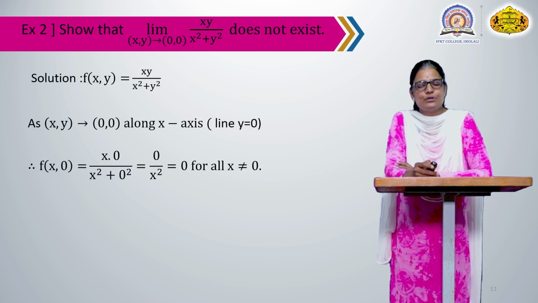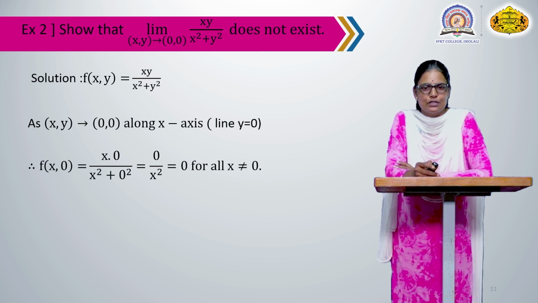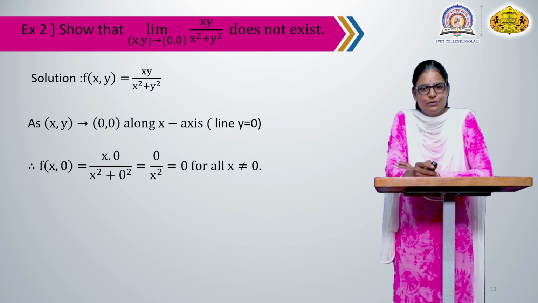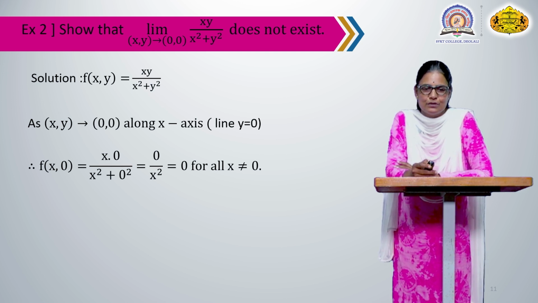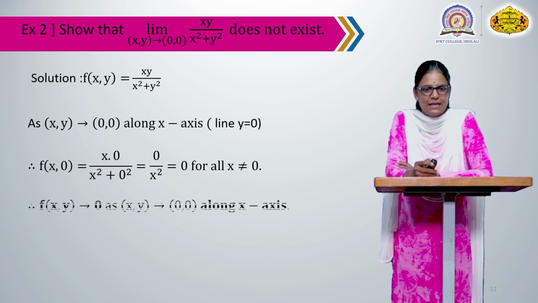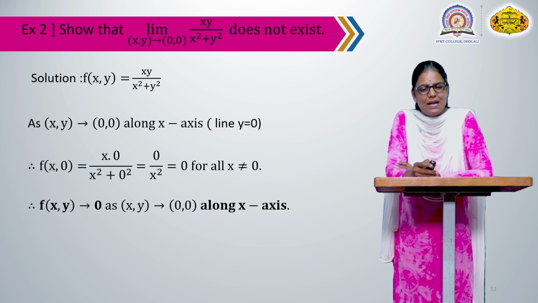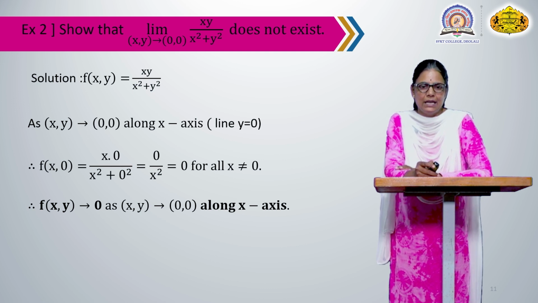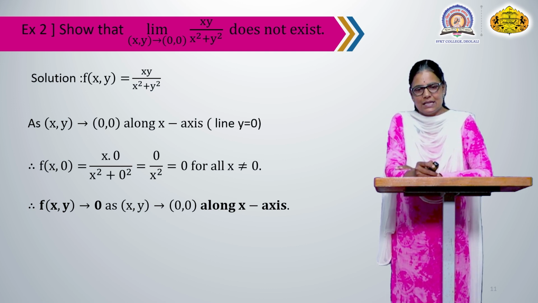For that, first we put y = 0 in the functional value. So the function becomes f(x, 0), which is x·0/(x² + 0²), equal to 0 for all x not equal to 0, which is again a constant. So f(x, y) approaches 0 as (x, y) approaches (0, 0) along the x-axis. That is, the limit of the given function is 0 along the x-axis.